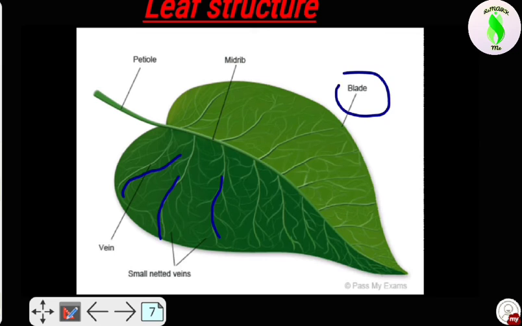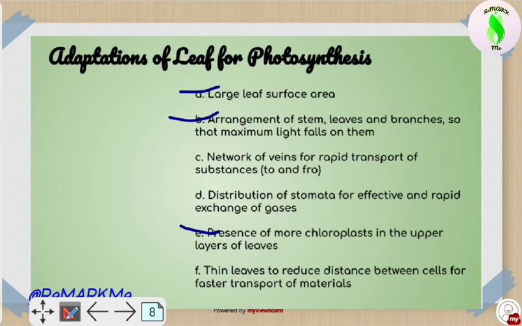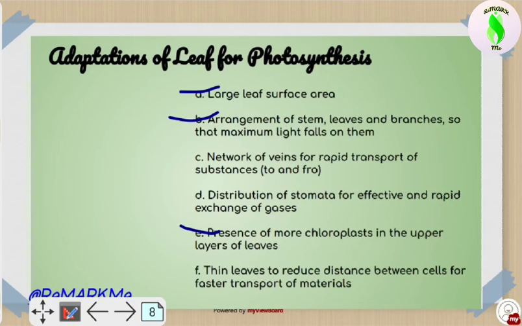The leaf is very thin compared to the whole plant, its stem and branches, and this thinness is very important for the transportation of materials and energy. The surface area also helps in transporting material easily. So this structure is very important for the adaptation of the leaf for photosynthesis.